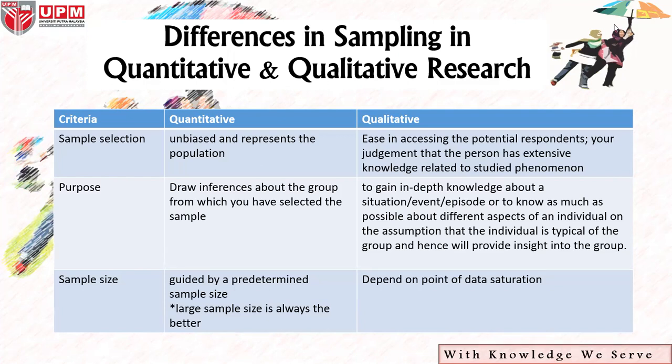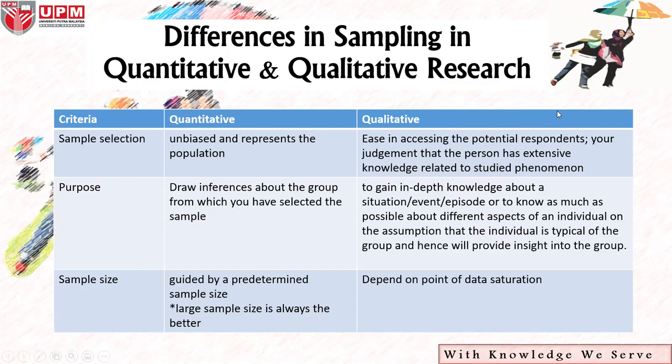Okay, but in qualitative, it is depending on the ease in accessing the potential respondents. Your judgment that the person has extensive knowledge related to the studied phenomenon. Kalau dalam qualitative lain, okay, we approach the respondent according to the availability of our respondent.